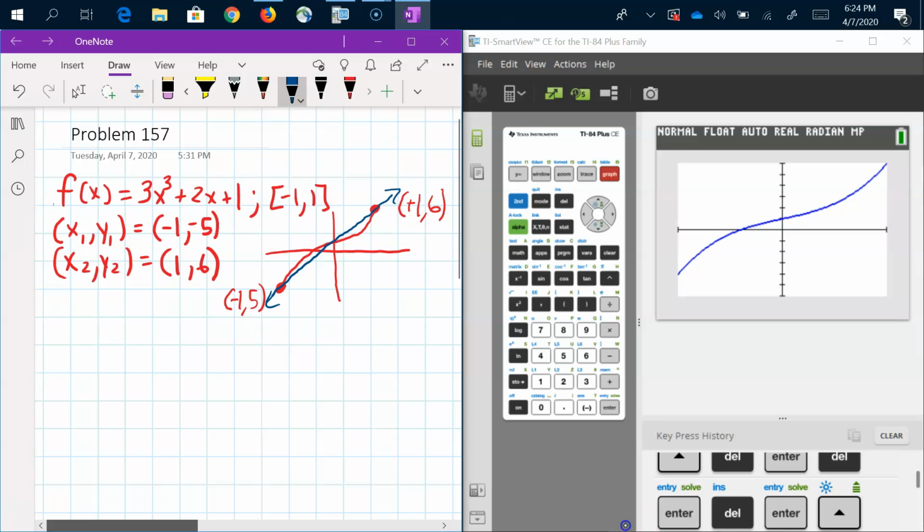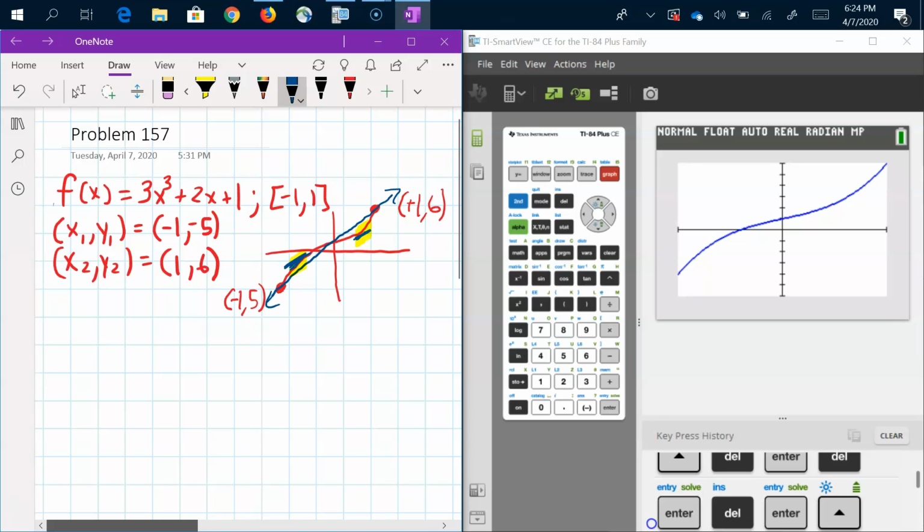Okay, and so potentially there may be more than one spot where the slope of the secant line, which is in blue, is the same value as the derivative. So let's try to see, maybe right here they have the same slope, and maybe over here. Okay, what I'm looking at here is somewhere in here they have the same slope, and over here they have the same slope.